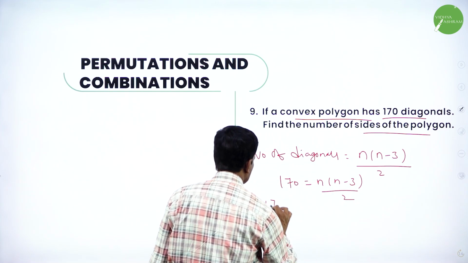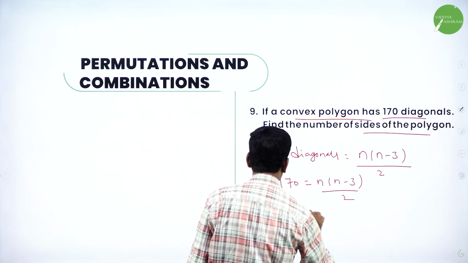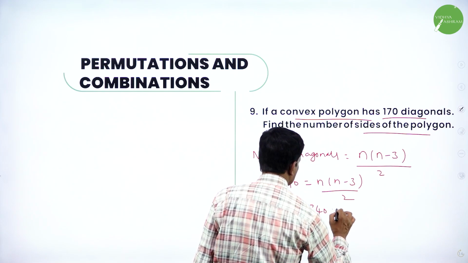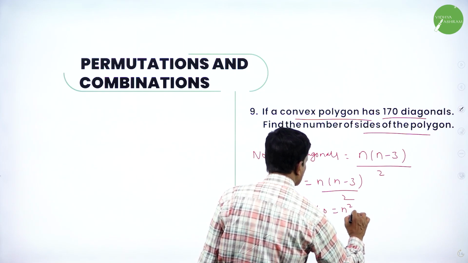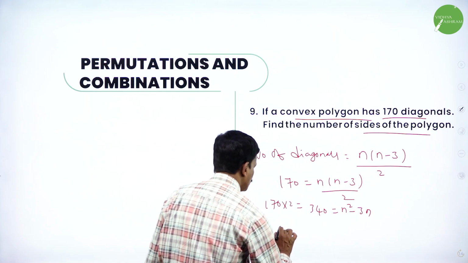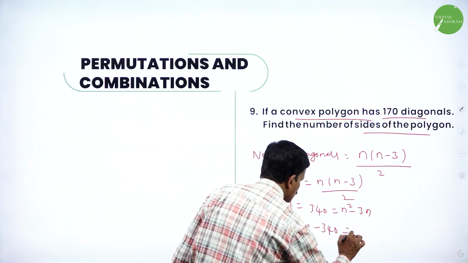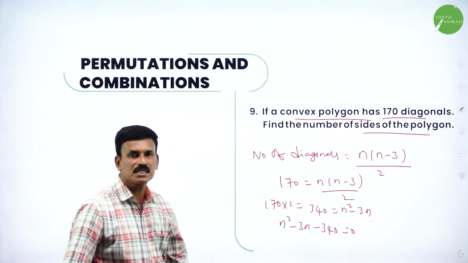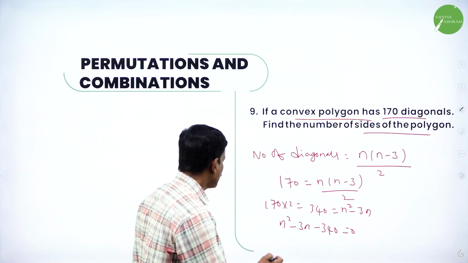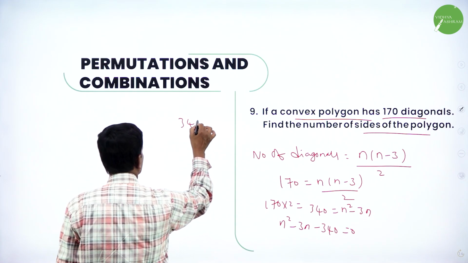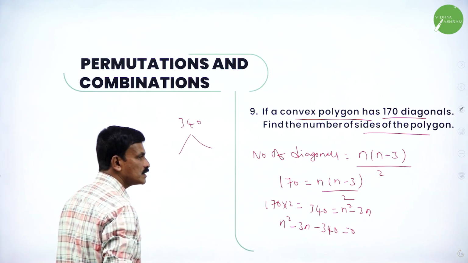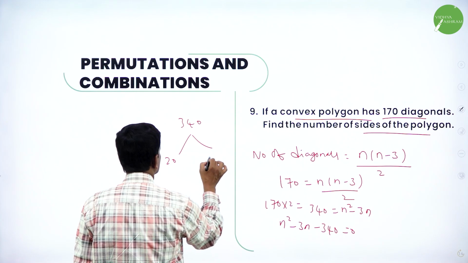Cross multiply this. 170 into 2, that is 340, is equal to n into n, n square, minus 3n. So we get n square minus 3n minus 340 is equal to 0, a quadratic equation. Solve this. 340 can be factorized as 20 into 17.